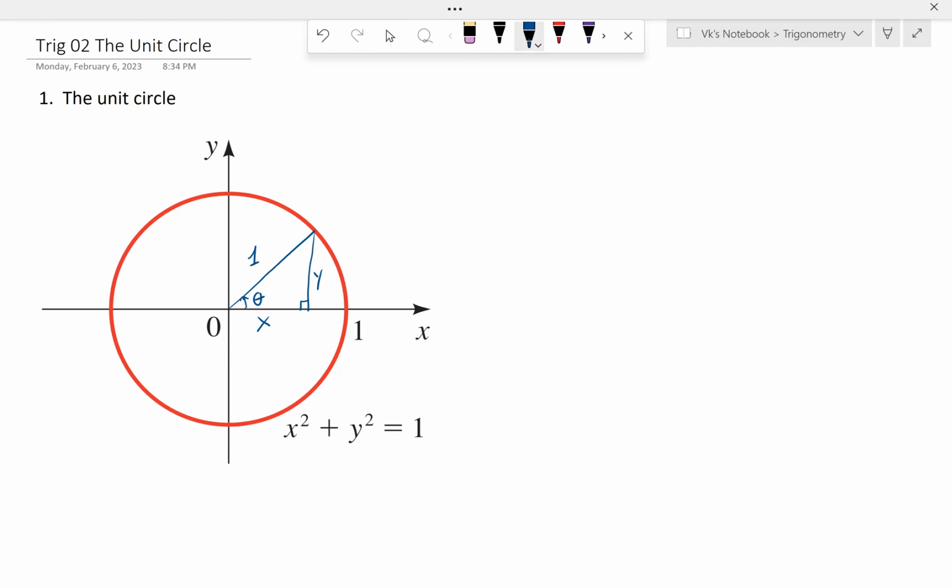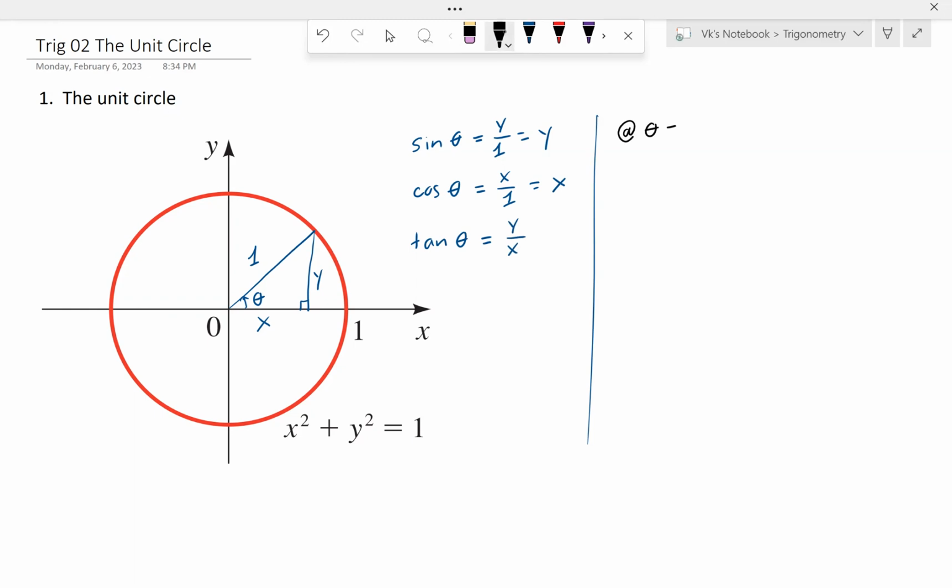From here, you see that sine of the angle theta is opposite over hypotenuse, y over 1, which is y. Cosine of the angle is adjacent over hypotenuse, x over 1, which is x, and tangent of the angle theta is opposite over adjacent, y over x.